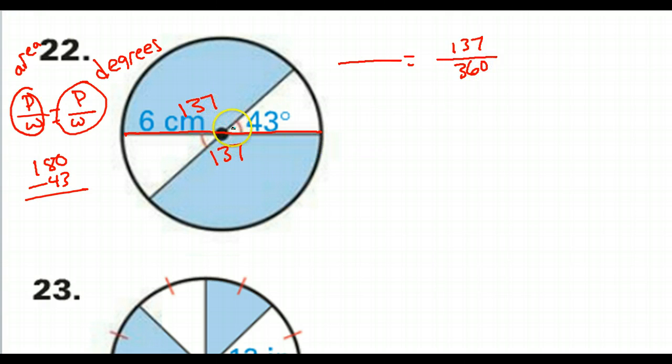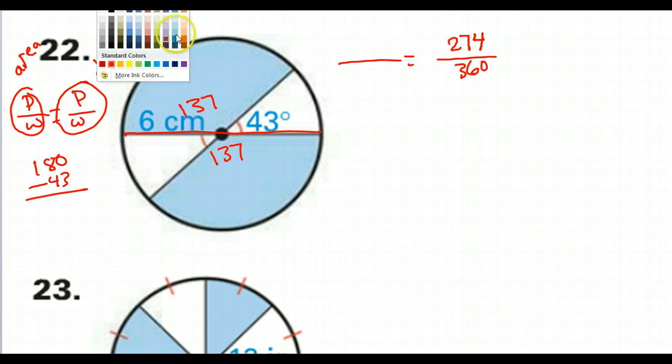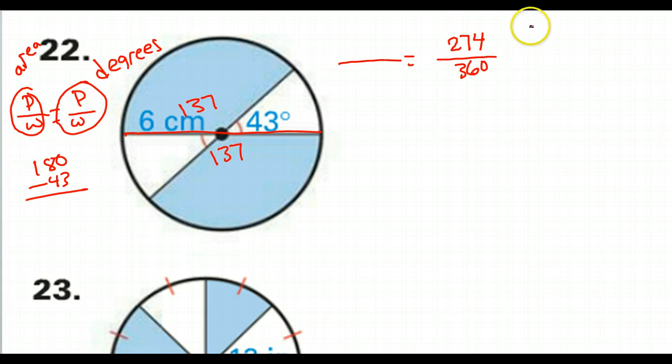But there are 2 of them, and I want to find the total area of both. So instead of putting 137, I'm going to have to double that. So 137 times 2 is 274. So we should all put 274 up here. For people that space out, let me just leave a side note that this was 137 plus 137.